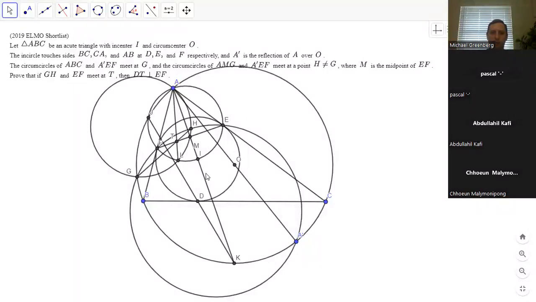So it would swap M and I. E and F would stay the same. So this circle, M would go to the point at infinity. I'm sorry, A would go to the point at infinity. M would go to I. Where would G go to? So we could try to see where this circle goes to.